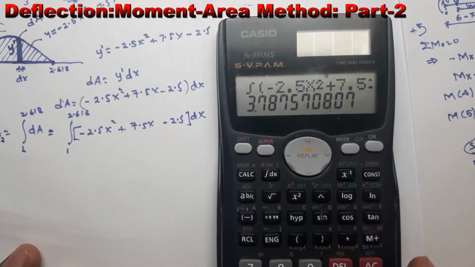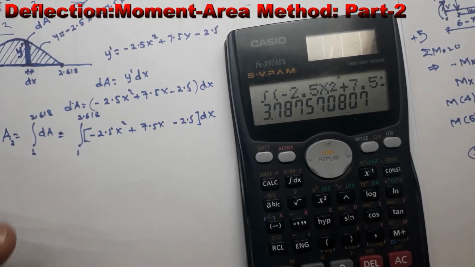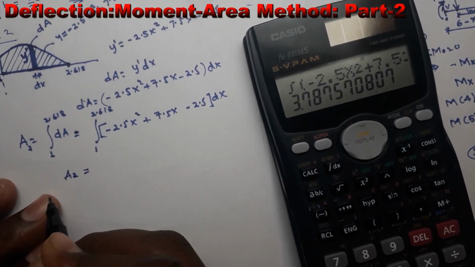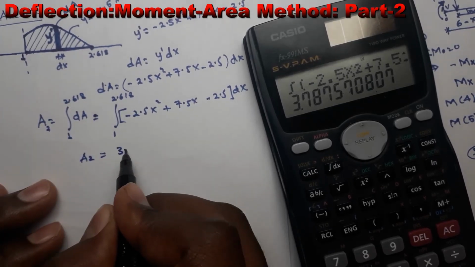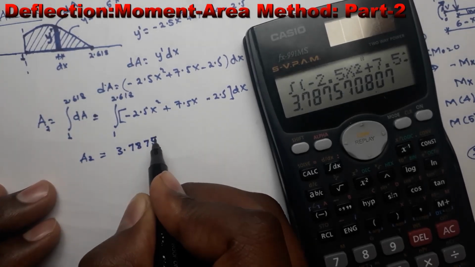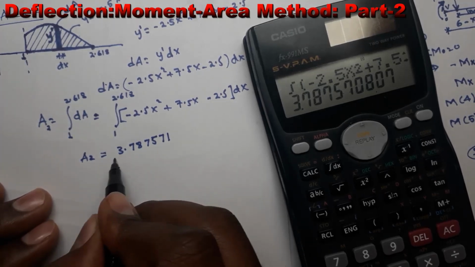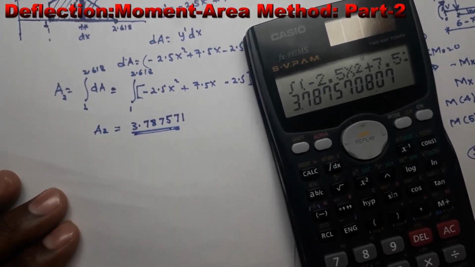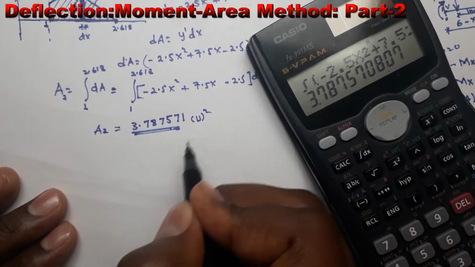The value of this area is 3.787571. This is equal to area 2, equals 3.787571, almost like this. This is unit square, whatever it is.